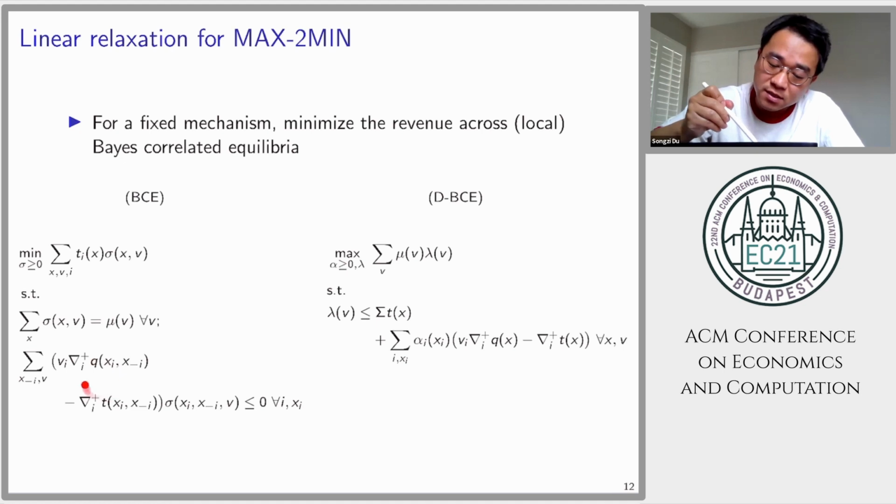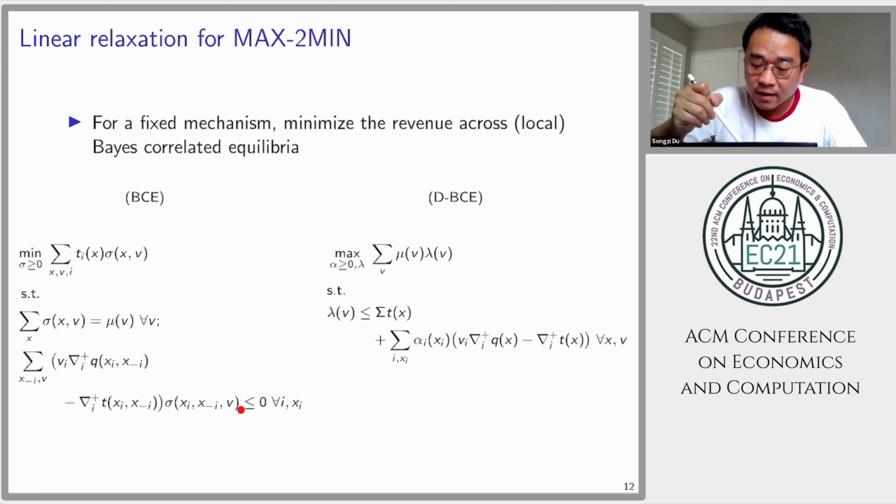It says that when you are recommended to play Xi in this fixed mechanism, you do not have any incentive to deviate to Xi plus 1 over K, the next action in the grid. So the incentive, defined by the discrete derivative, on average has expectation less than or equal to 0, conditioning on your recommendation Xi.